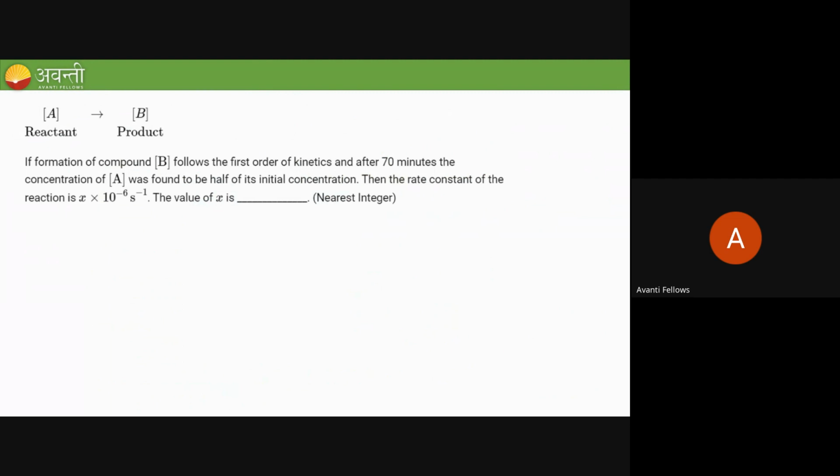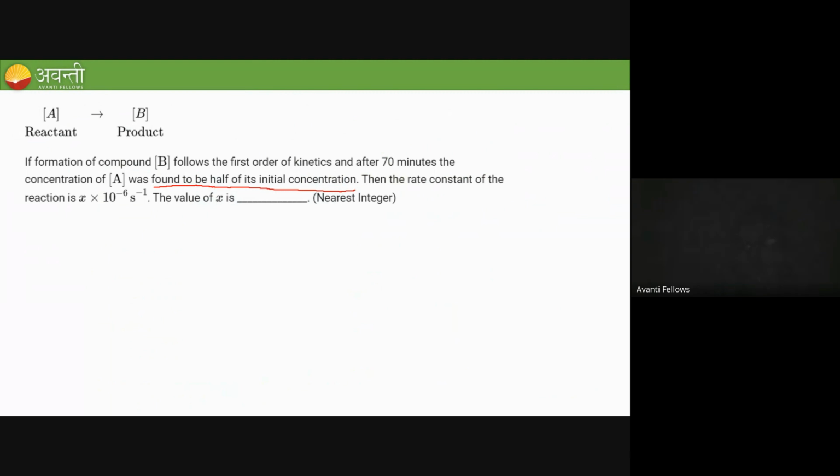So we can use the half-life period, because it was found to be half of its initial concentration after 70 minutes, right? So you can use the half-life formula for the first order reaction.